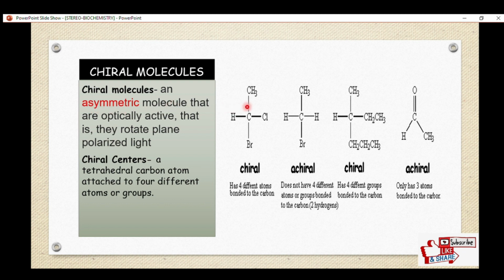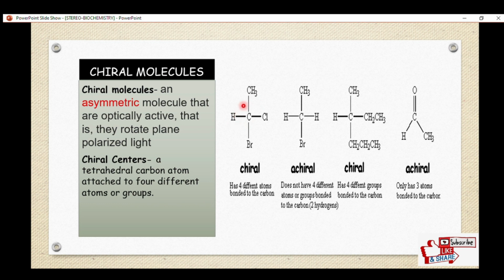All right, so for example, when we take this compound, we have CH3 here, chlorine here, bromine, a hydrogen and one carbon atom here. When we check all the bonds around this carbon atom, it does not have any similar bonds.